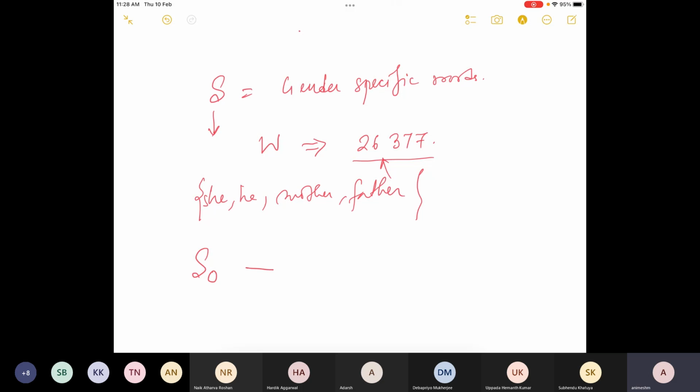Okay, so S0, they started off with an initial set of 218 words.